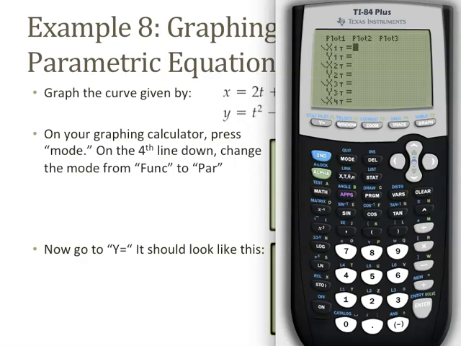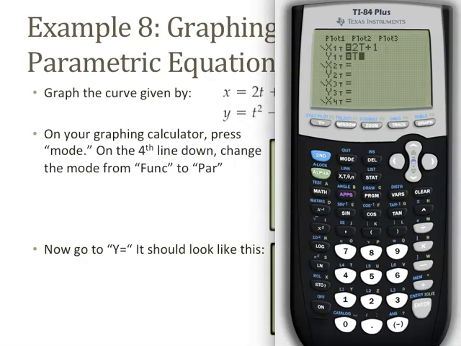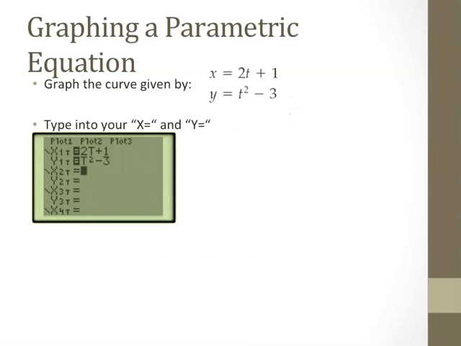And now you can plug in your equations. If you use normally the button that you use for X, the one that's next to the alpha button, in parametric mode, this will automatically be a T when you click on it. Now you may need to set your window.